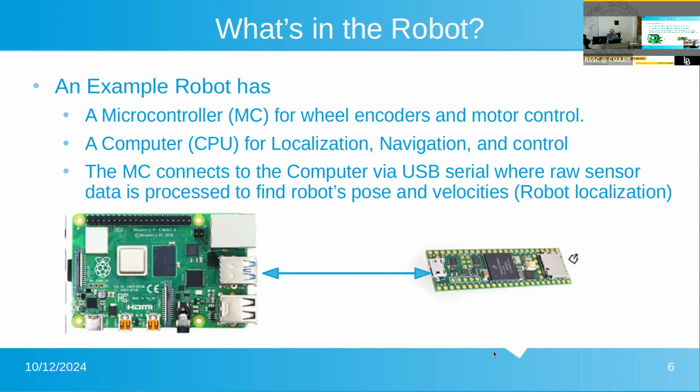Do you have ROS running on the Raspberry Pi, or what software do you use? Yeah, I'm sorry, I should have said this, I might be saying it later, on the next slide. But this is a ROS robot. Yes, ROS is running on the Raspberry Pi, and it is handling localization and navigation there.